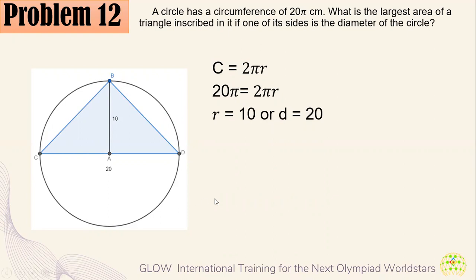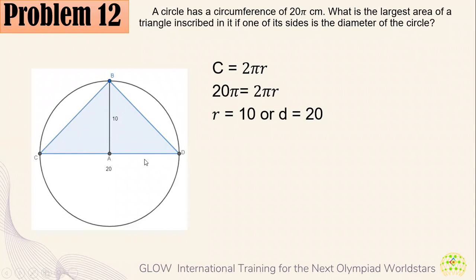Now, since your diameter is 20, so here, this is your diameter here. That's why CD has to be 20 units long. But remember, how long should the height be? Because it could be like this. It could also be like this. There's so many choices for the height here.